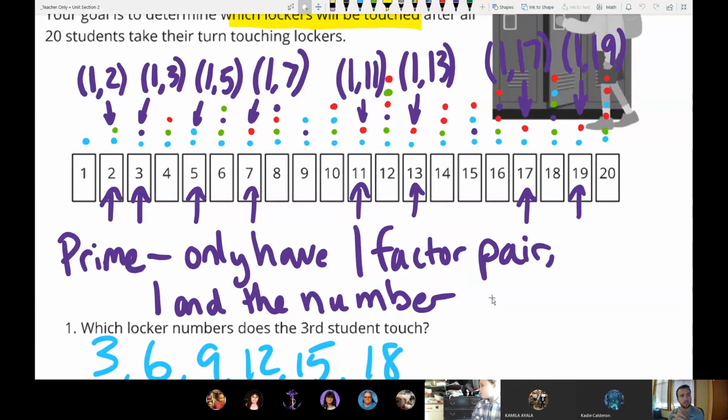I can't remember if it was your class or not, but you just said you needed more practice with factors and multiples. So we're going to do a worksheet together, have some independent work time as well, so that you can get a lot of practice in prime and composite numbers as well as factors and multiples.